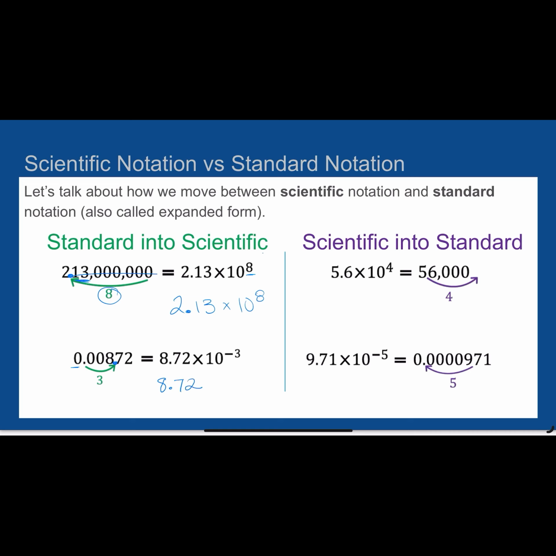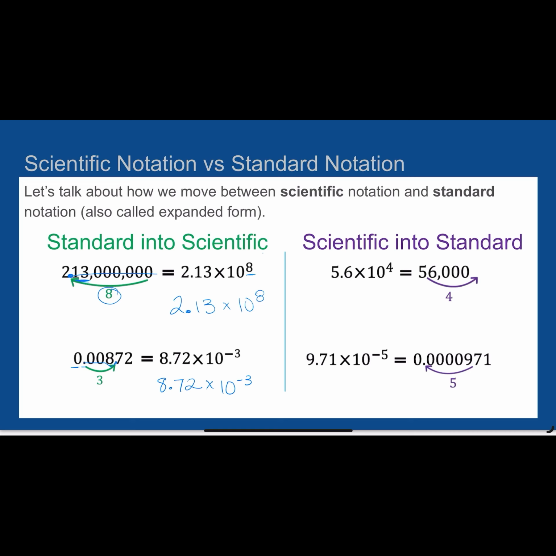But now we're going to count from the new decimal over to the old decimal, and we went 1, 2, 3 spaces. So that gives us our negative 3. So if we have a really tiny number and we need to count to the old decimal, then we do a negative exponent to show that.